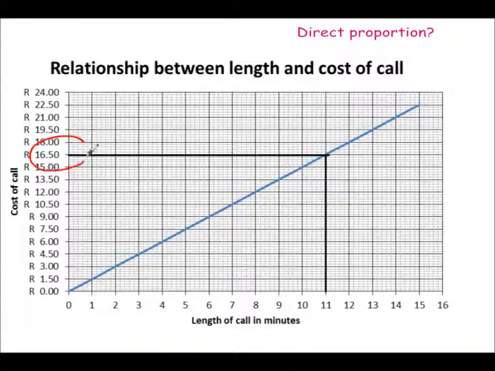So I'm taking my reading there, and it is going to be 16 Rand 50. That is where I picked up my pen. So that is the point C. So if I went 11 minutes, I would go up to the line and across, and I would pick up the pen there. So the value C is written on the vertical axis because we were asked for the cost. So the C is going to be there.